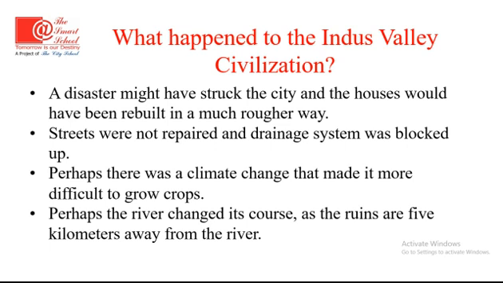Then perhaps the river changed its course, as the ruins are 5 kilometers away from the river. Most civilizations began on the sides of rivers, so the people might have moved from here.